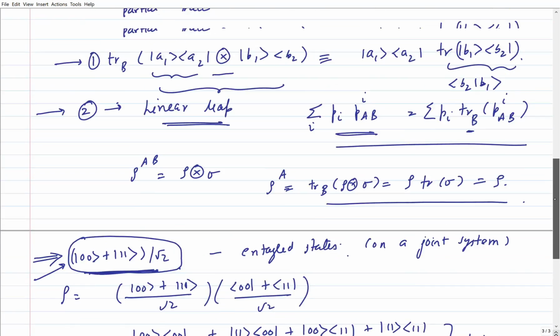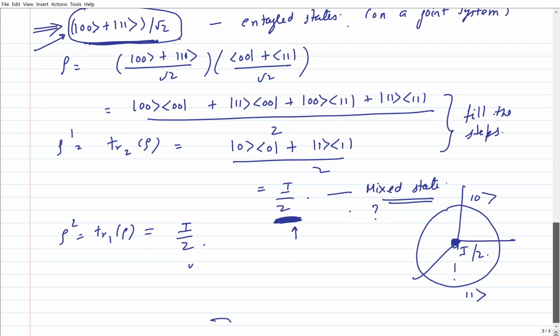So just as a passing comment, why the partial trace operator? What's so special about the partial trace operator that we have constructed?